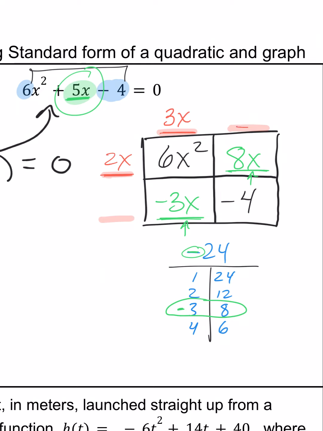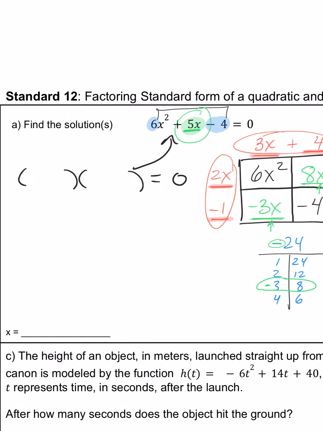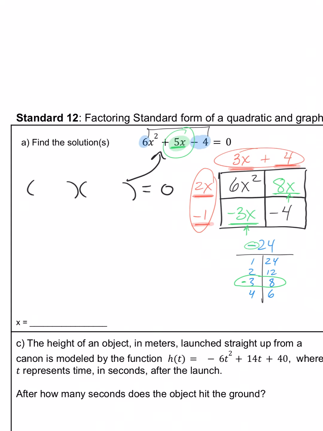If this is 2x, well, this would have to be 4 to create 8x. And this would have to be negative 1 to create negative 3x. I think we have our two factors. We have 2x minus 1 and 3x plus 4. Since we have our factors, we can now solve our equation.